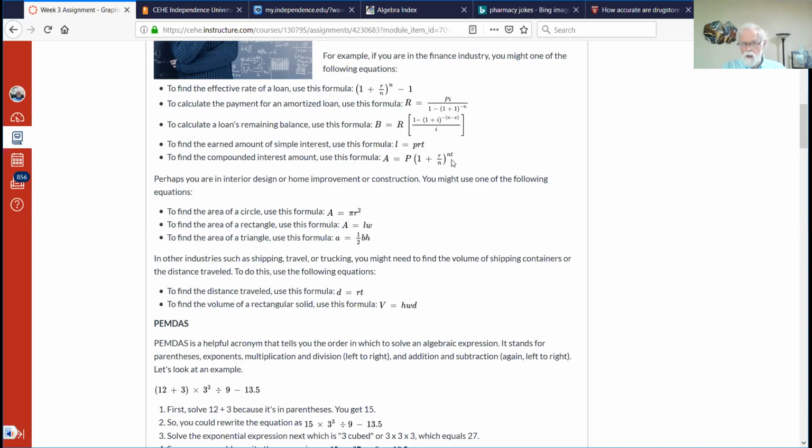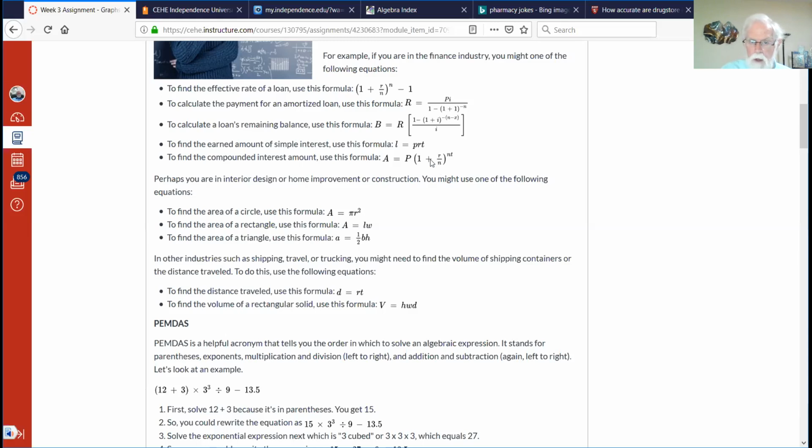If you understand what each term is supposed to mean, in this compound interest formula, this is the amount of compound interest earned. This is the principal times 1 plus the rate divided by the number. The rate is the annual rate, and the number N is the number of payments in that rate.